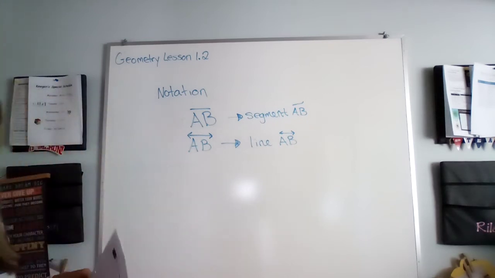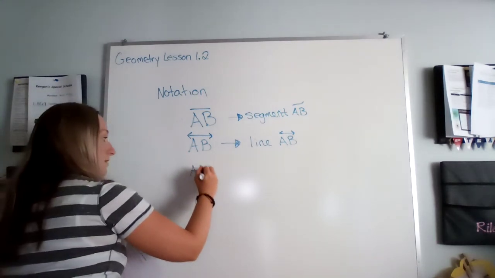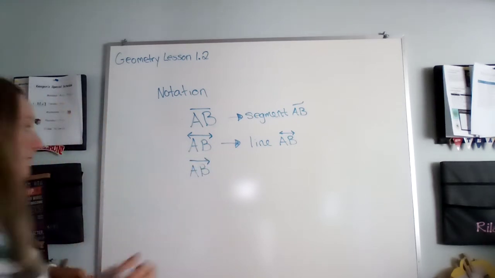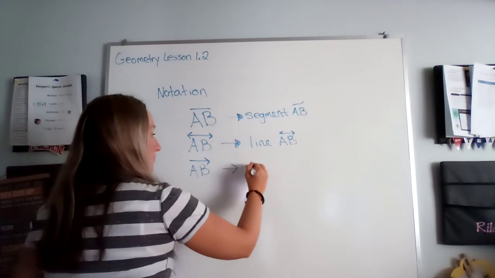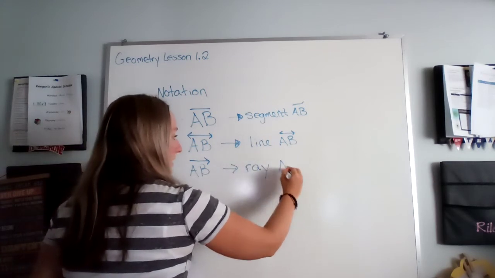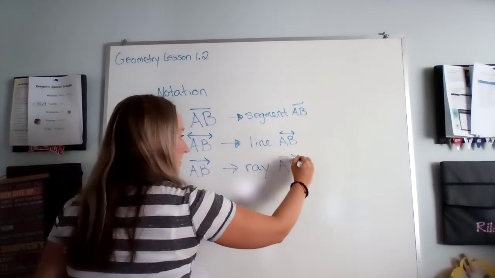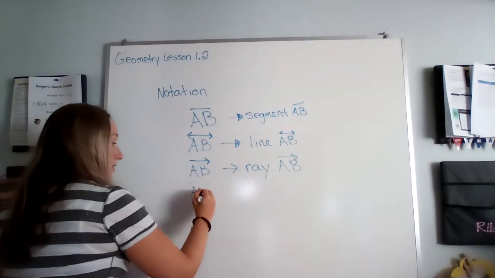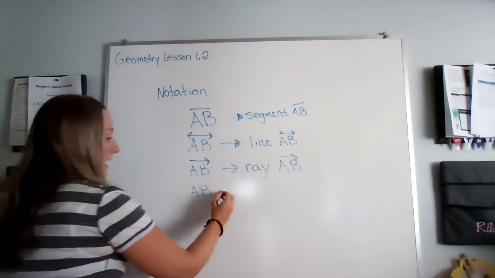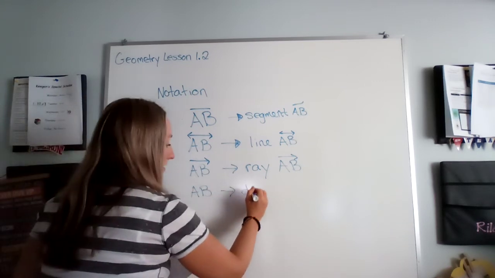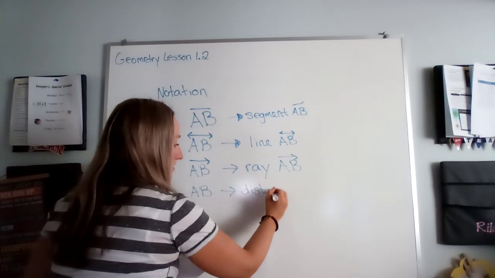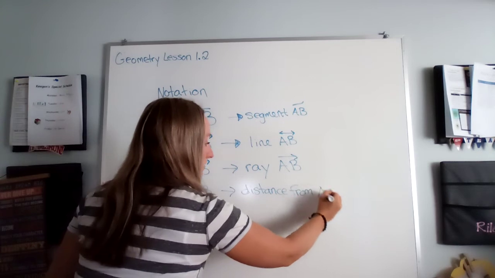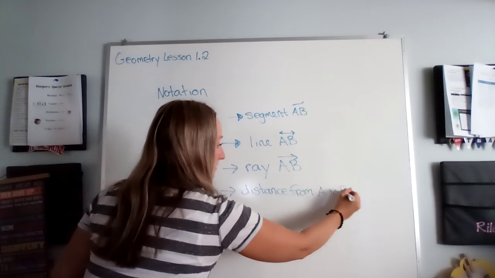All right, if we have AB with a ray over top of it, that's talking about ray AB. Right? And then if we have AB with nothing over top, that's indicating the distance from point A to point B.